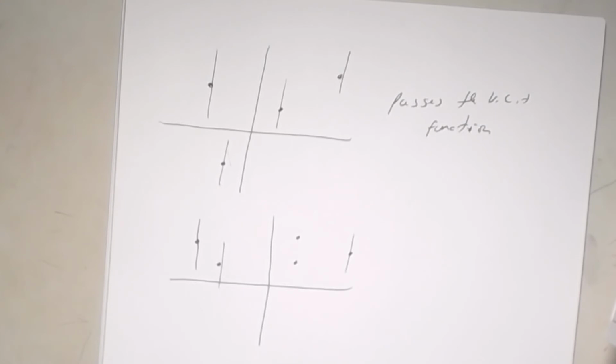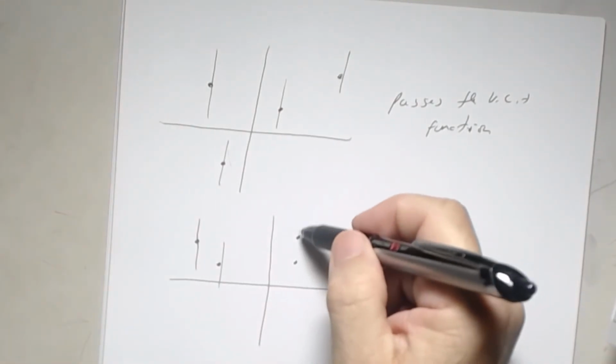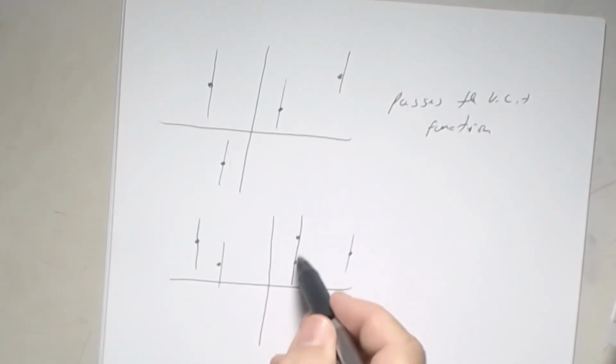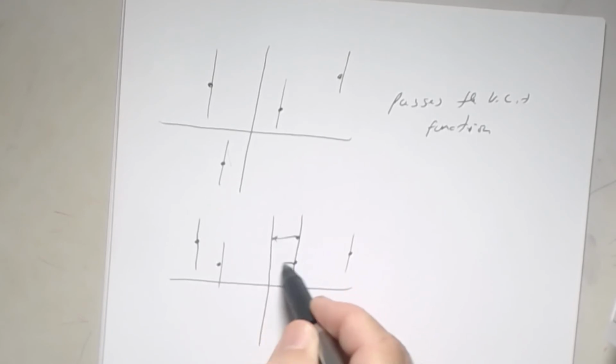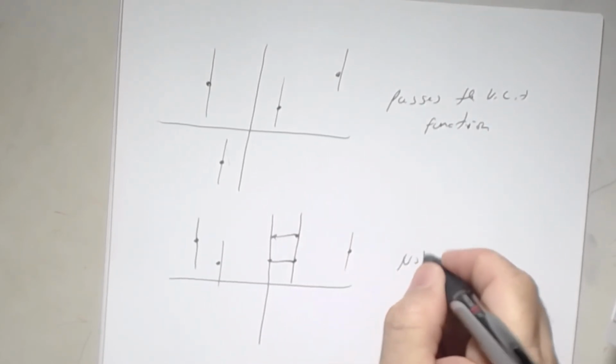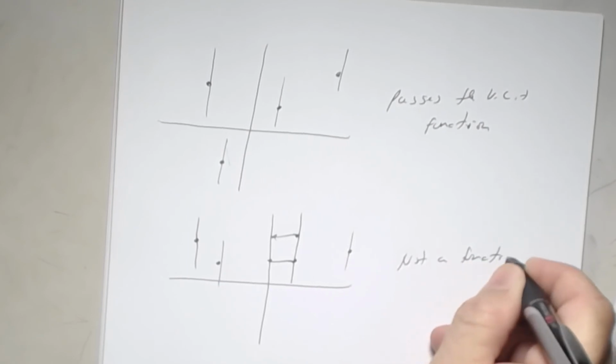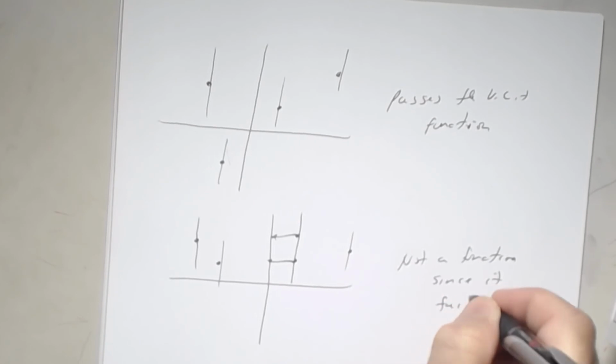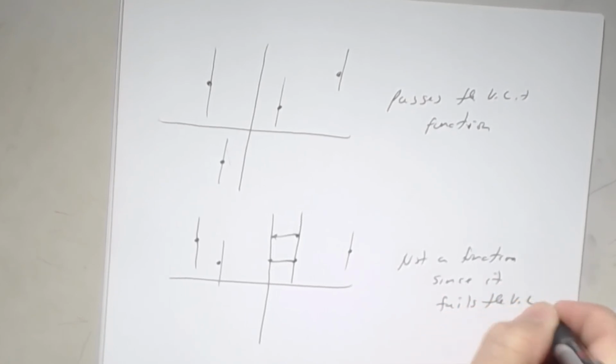It crosses on that third X. Okay, when I draw the vertical line here, just like we were talking about a while ago, these 2 points have the same what? X coordinate. So that X coordinate has how many different Y values? 2. So it fails the vertical line test. So this is not a function since it fails the vertical line test. Okay? All right. So any questions on the vertical line test?